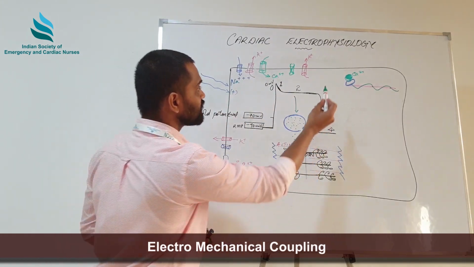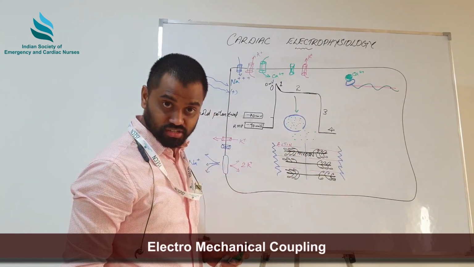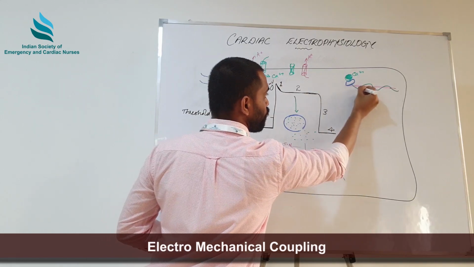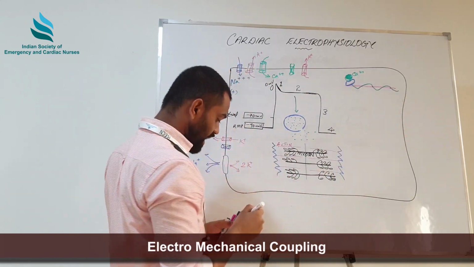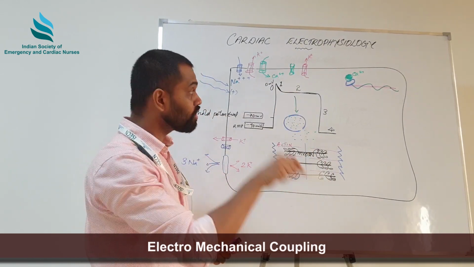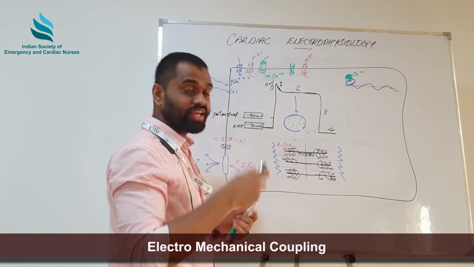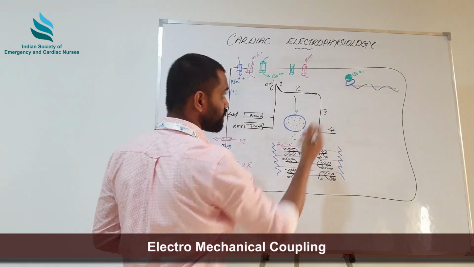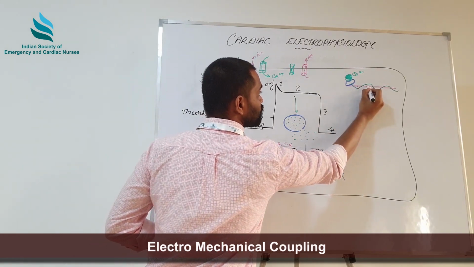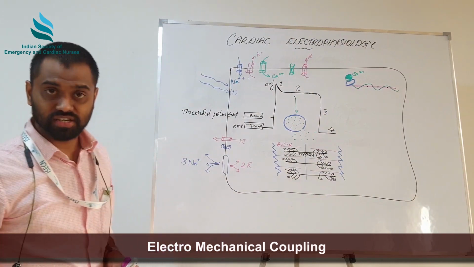So as the calcium gets attached to the troponin molecule of the actin filaments, this troponin pulls the tropomyosin filament so that now the myosin head binding sites on the actin filament are exposed. Because of the pulling effect of the troponin, the tropomyosin exposes the myosin head binding sites on the actin filament.